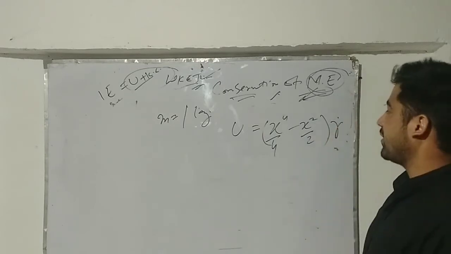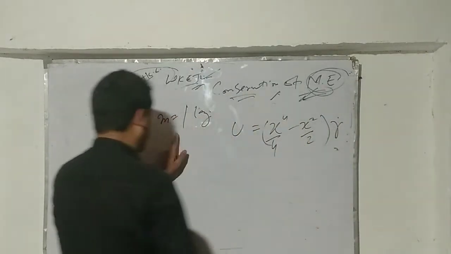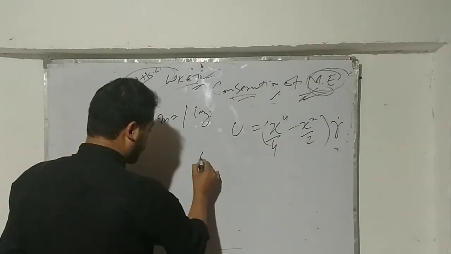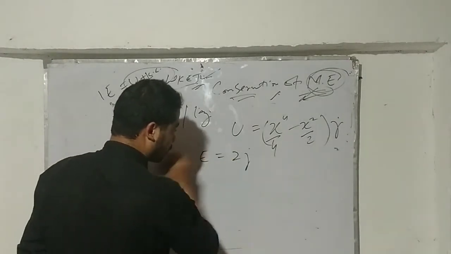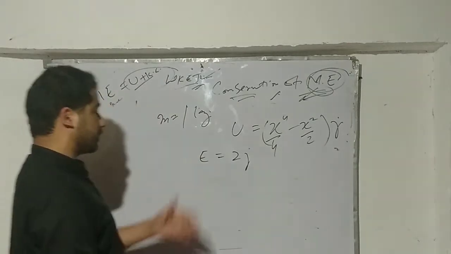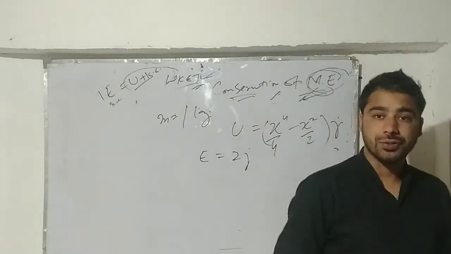This is the potential energy associated with the particle. It is also given in the question that the total energy of the particle is 2 joules. As I know, total energy is the sum of kinetic plus potential energy, okay?